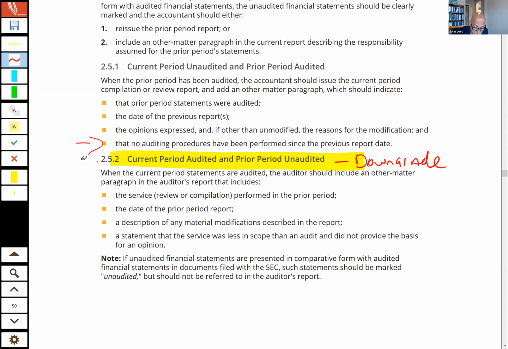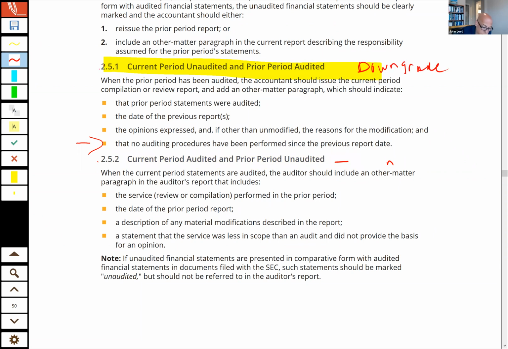So I did it backwards. This is the downgrade right here. Current period unaudited and prior period audited, that's the downgrade, right? And when you do the downgrade, you have to provide that comment. Okay, make sure you flashcard that.